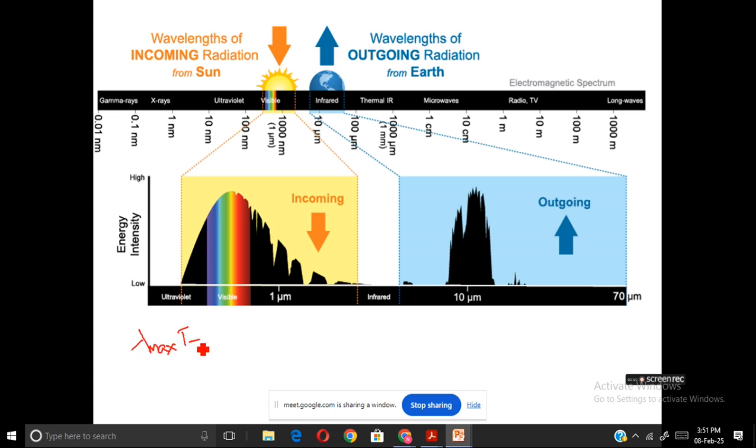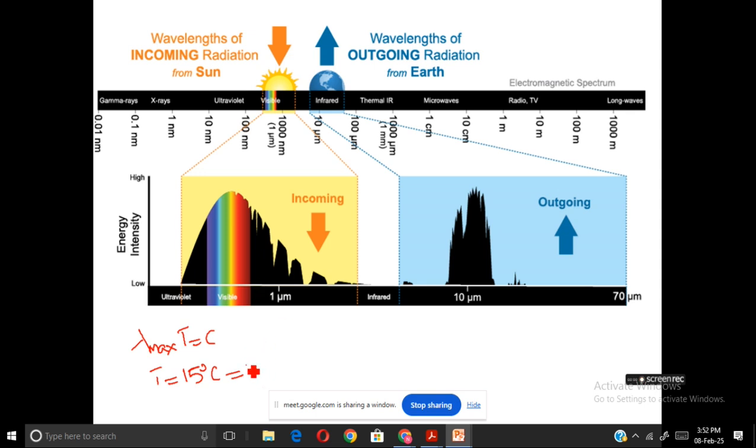So, lambda max into T is equal to a constant. In case of Earth, the temperature is, let's assume, 15 degrees Celsius, which is 15 plus 273, around 288 Kelvin.